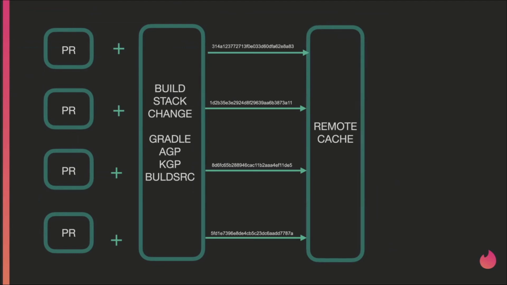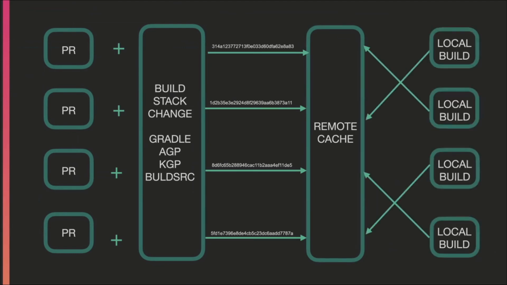And we store these values, meaning that the developer or different developers are going to enjoy the values from the remote cache because we have pre-populated them the day before. Usually, how we implemented it is that we wanted to minimize the updates on the build stack components because we know that they are going to invalidate the cache.